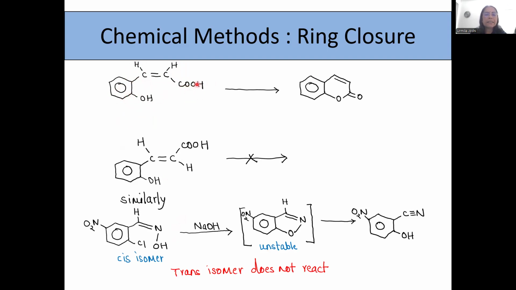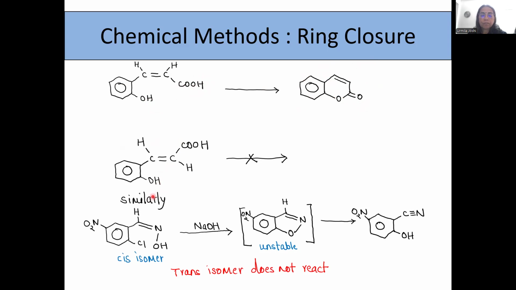So this is a cis compound. When it is heated, it gets converted to its cyclic ester, a lactone. Cyclic esters are lactones. So this H and this OH are removed, C double bond O, and then O. A ring structure is formed.